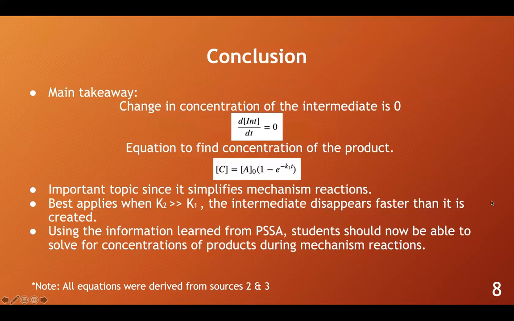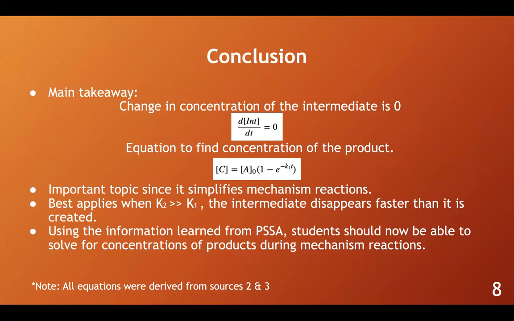So in conclusion, the main takeaways from this lesson is that the change in concentration of the intermediate is always equal to 0. As long as the intermediate is assumed to be pseudo steady state, we can assume that the change in the concentration is 0.